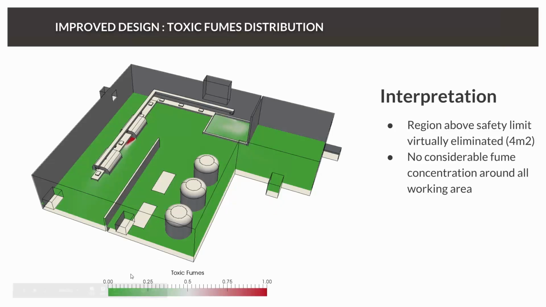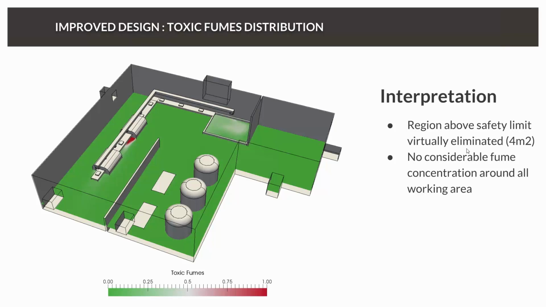And if we now take a look at the toxic fume distribution, we can see that it's looking much better. Just directly near the first opening we have a zone where it's a little bit increased, but everywhere else, especially in the working area and also around the machine, the concentration is really below the threshold.